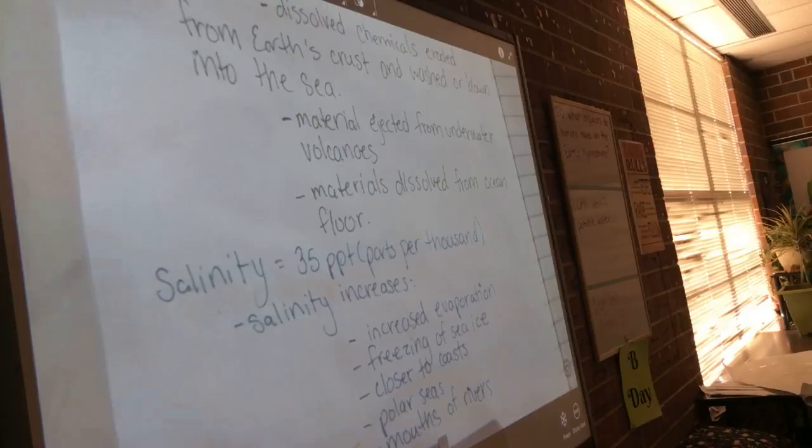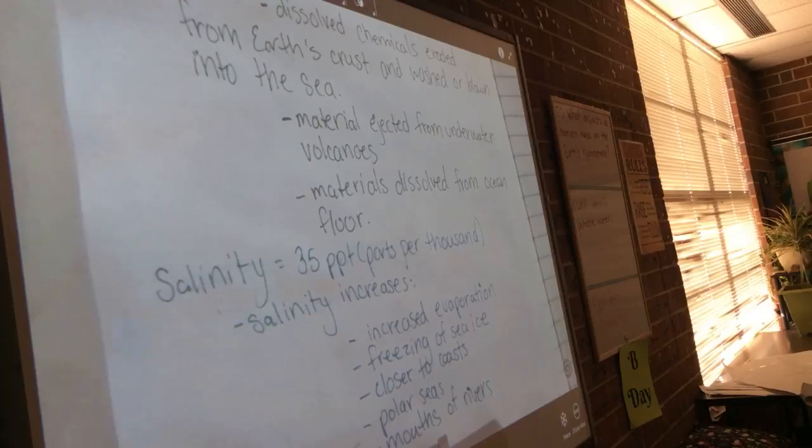The freezing of sea ice, again, it's not that easy to freeze salt water. That's why they throw salt down on the ground when it ices or snows. So the stuff that freezes is mostly the fresh water out of the ocean, so you're left with more salt in the rest of the water.